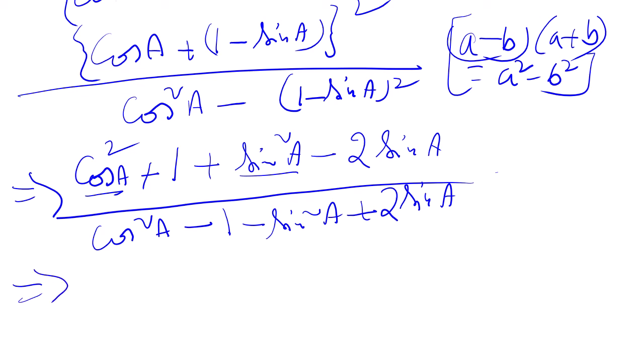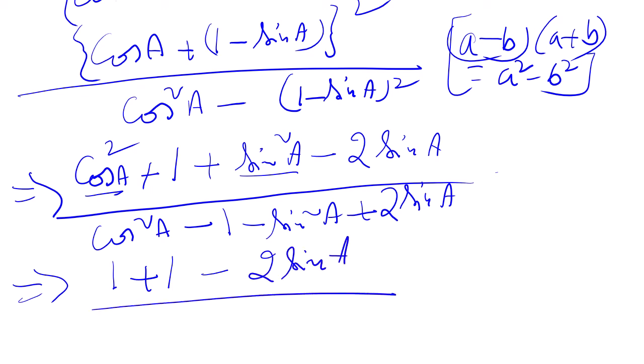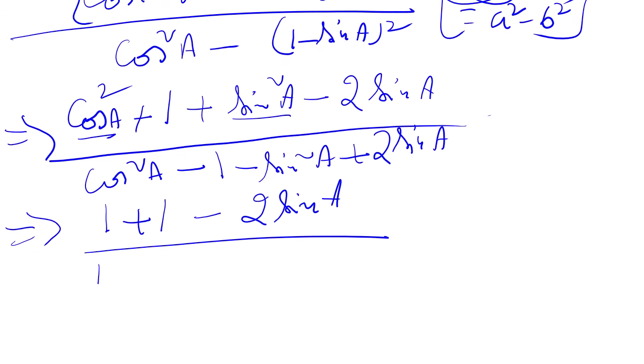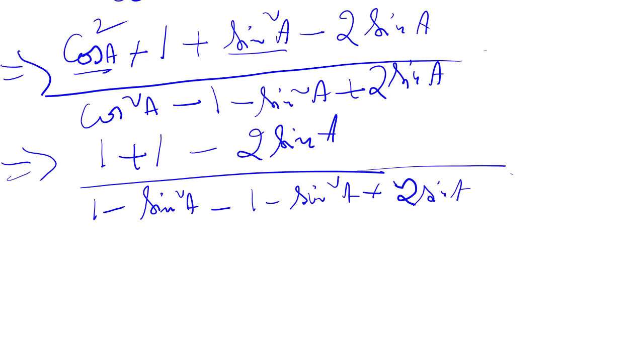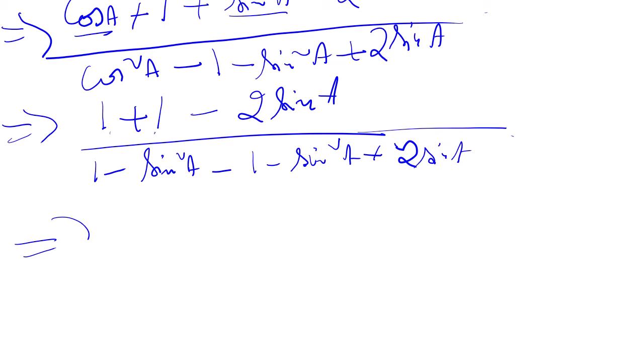Okay, so this implies 1 plus 1 minus 2 sin A, upon, here down, this cos square A can be written as 1 minus sin square A, then again 1 minus sin square A plus 2 sin A. Okay, so this will be 1 plus 1 will become 2, 2 minus 2 sin A.